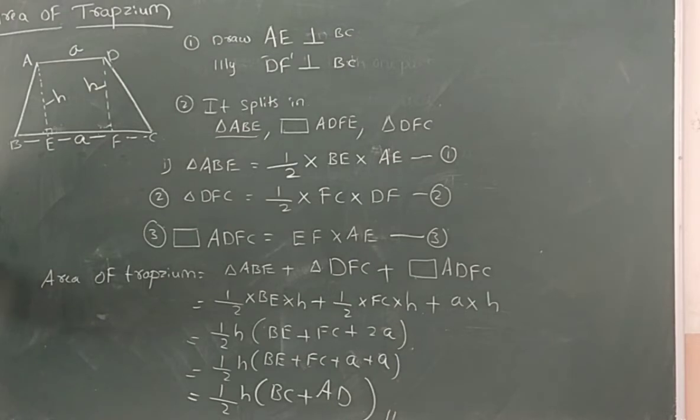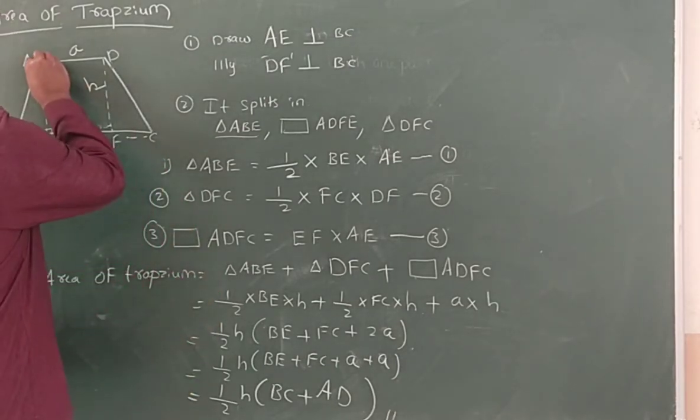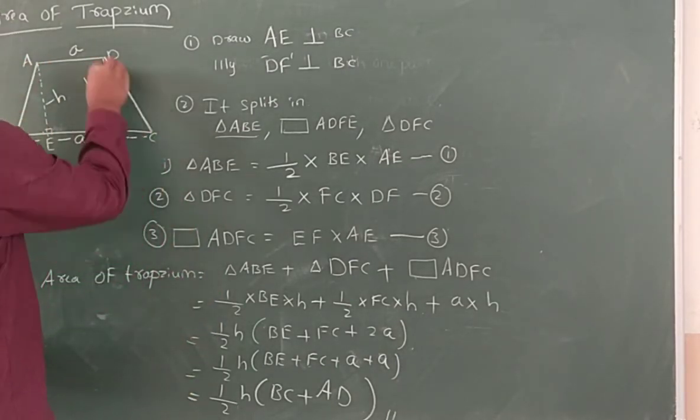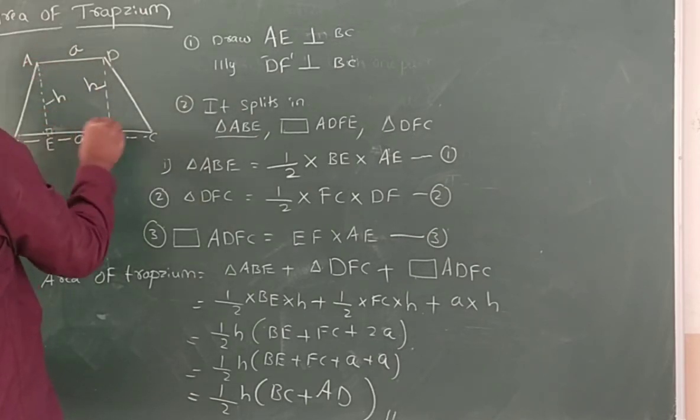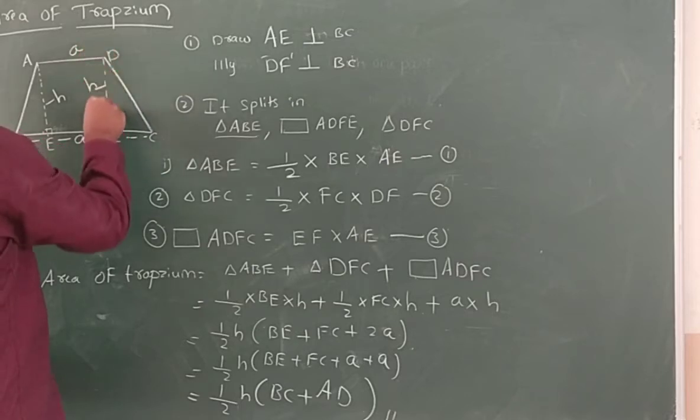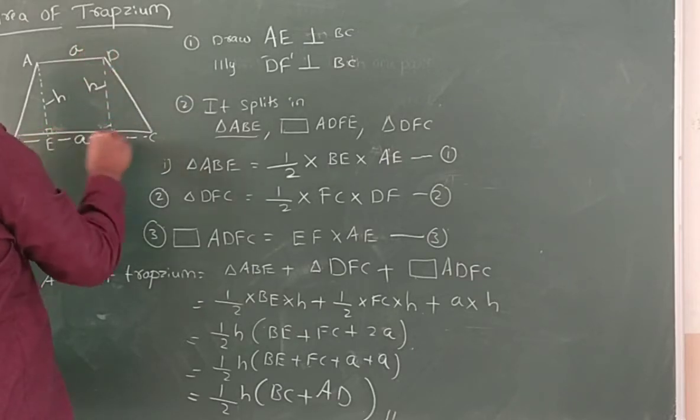Okay, first we need to draw a trapezium ABCD, and from A draw a perpendicular AE on BC. From D draw a perpendicular DF on BC.